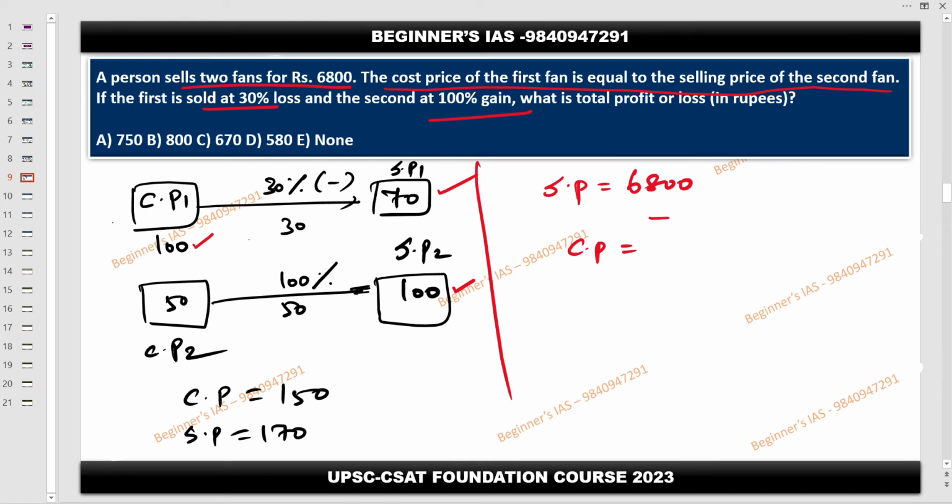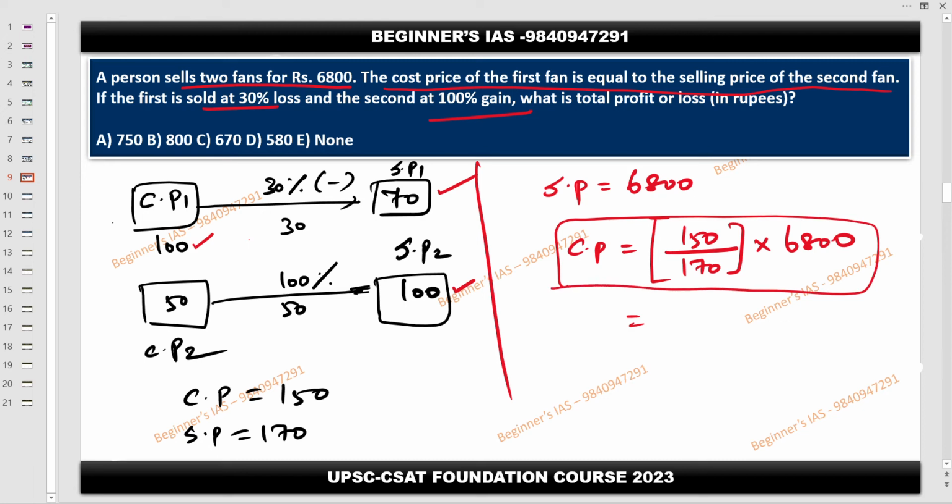How to calculate the CP? CP is equal to 150 by 170 into SP. What is the SP? 6800. This one you know, right? How to do? Yes, sir. Fine.